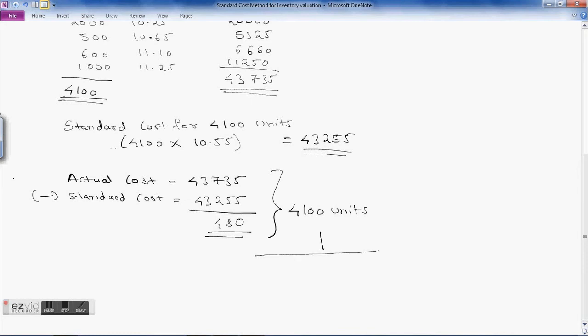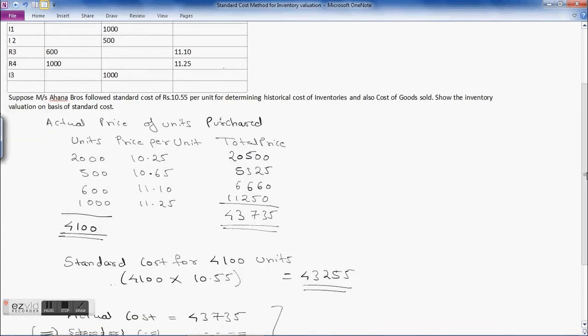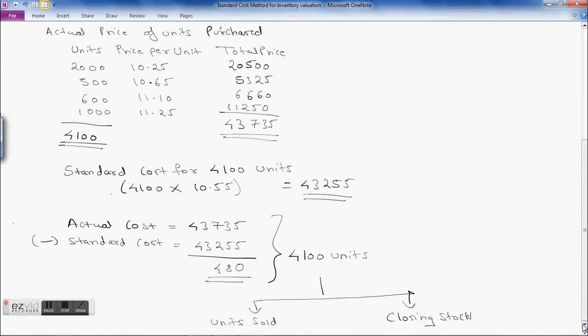Out of this, some of the units are sold and some of the units are part of closing stock. Now let's calculate how many units are sold. Units sold: you have 1000 plus 500 plus 1000, that is 2500.